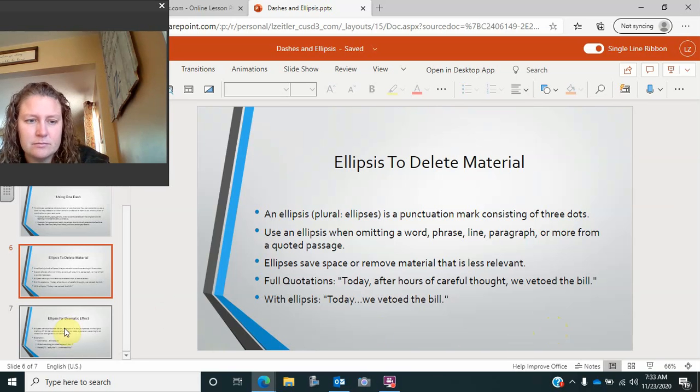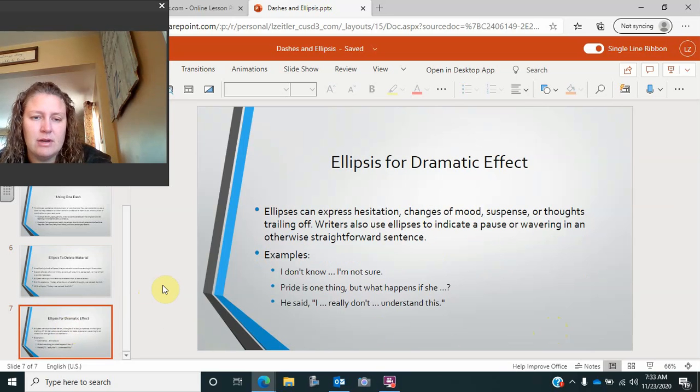The last way you can use an ellipsis is for dramatic effect. Ellipses are similar to commas in that they can show hesitation, and to dashes because they also show change of mood, suspense, or thoughts. Writers also use ellipses to indicate pause or wavering in an otherwise straightforward sentence. Here are your examples: I don't know. I'm not sure. It's still all one sentence, but that pause puts a little more emphasis on what's being said.